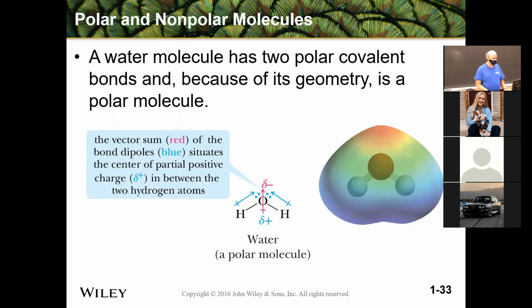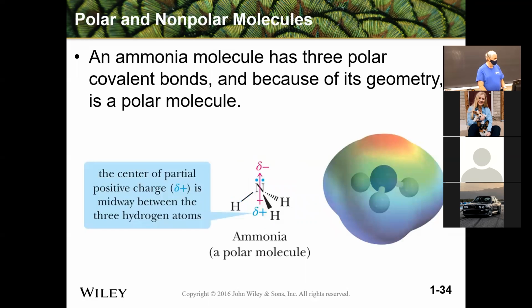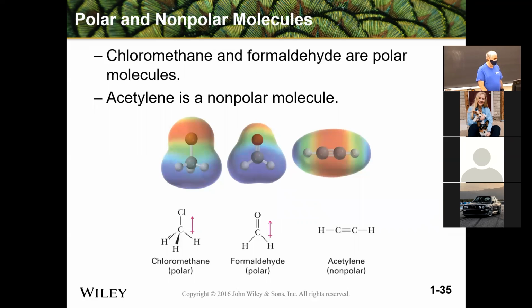Water, because of its bent geometry, is polar. It has a separation of charges. So is ammonia. Ammonia is a polar molecule because of its trigonal pyramid geometry. Just more examples of polar and nonpolar molecules.